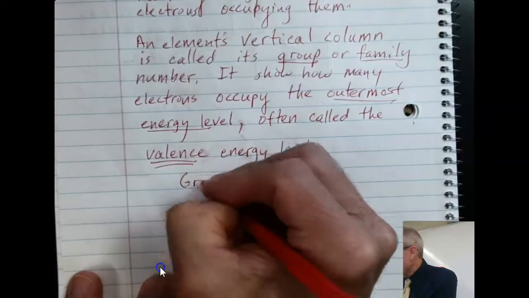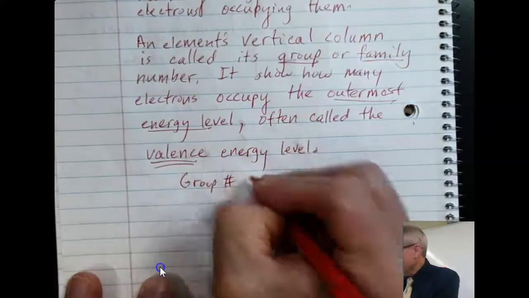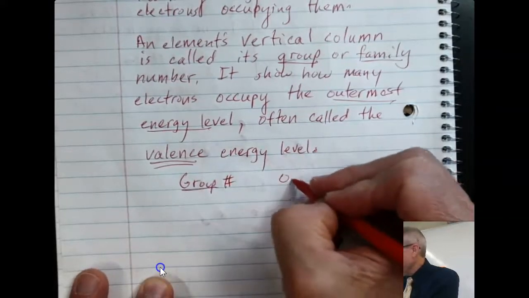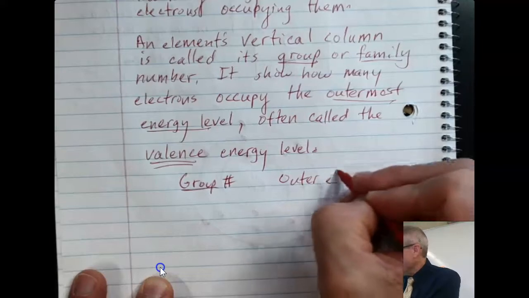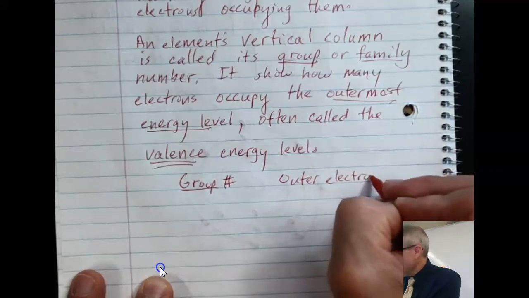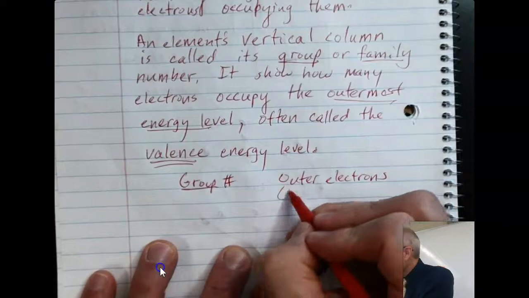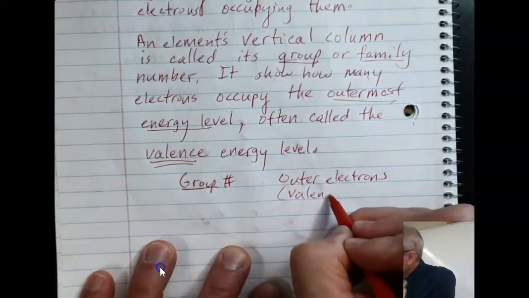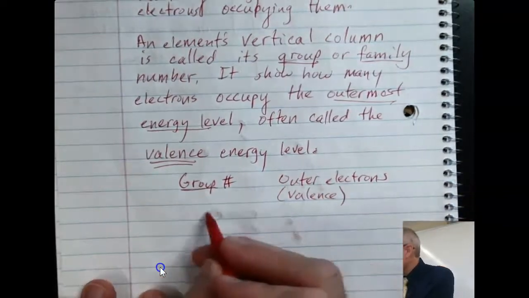So I'll put group number, and this is the last thing we're going to do, and outer electrons. Again, these are often called valence electrons. I want you to know that word.